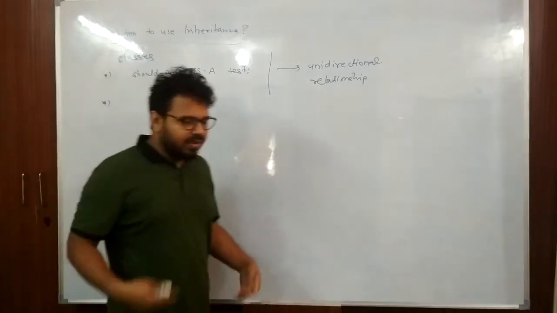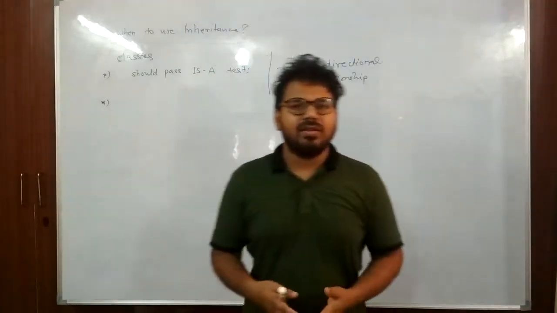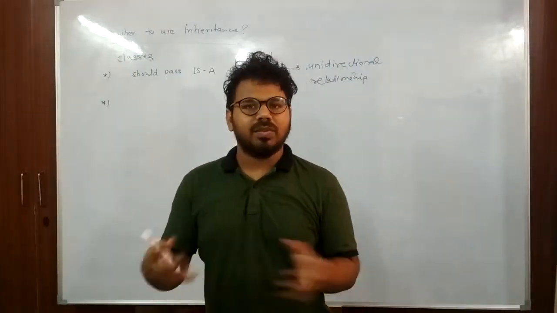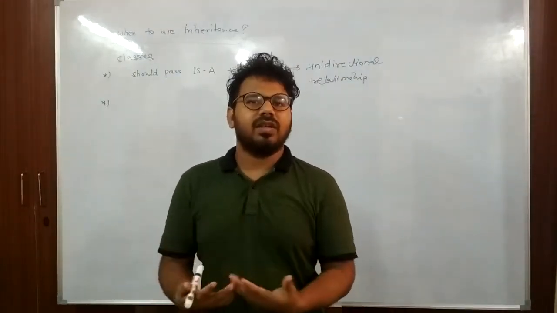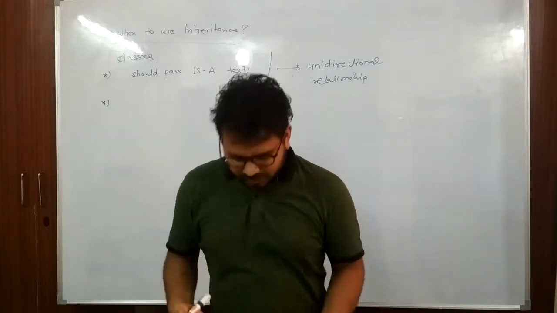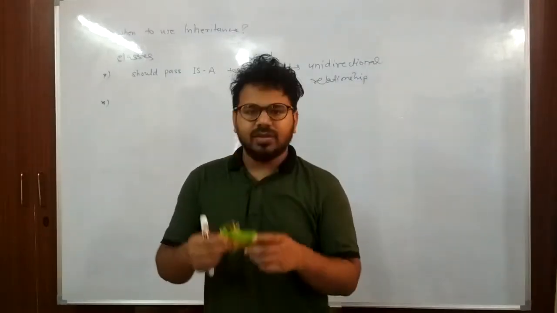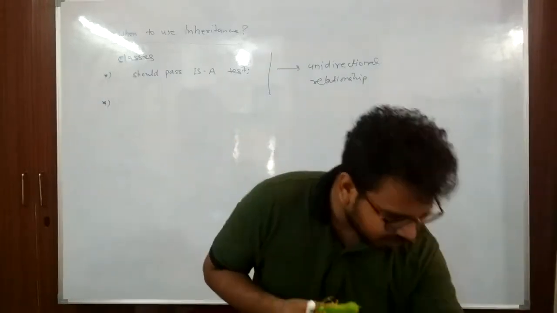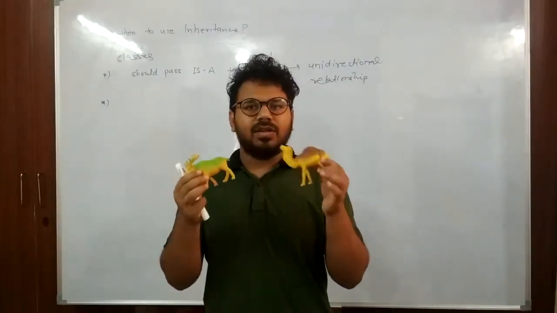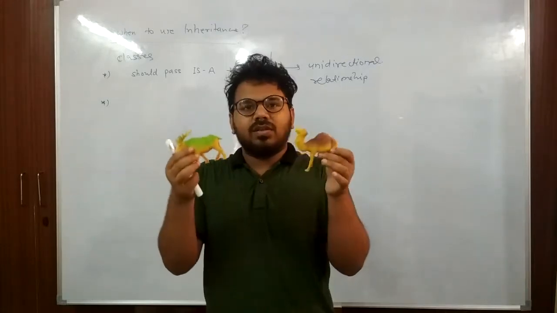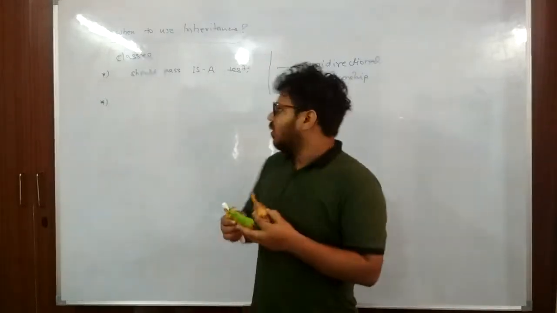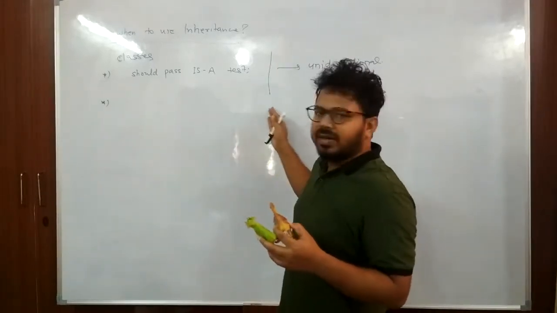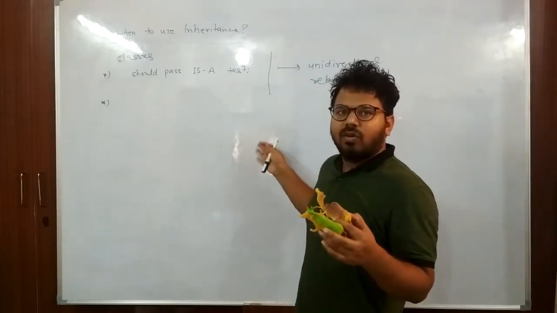Suppose there are multiple classes and they share the same code, they need the same code. Just like here you can see this is deer, and here it is camel. So these both are animals. In the previous example, in the animal class, we had the eat method, sleep method, and walk method.